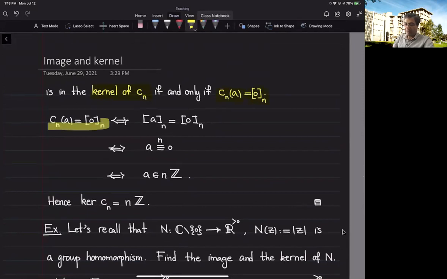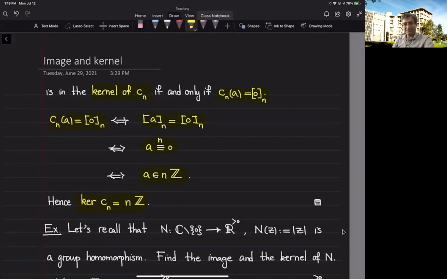Now, C sub n of a is the residue class of 0 if and only if the residue class of a is the residue class of 0, and that is the case when a and 0 are congruent modulo n. That means a is a multiple of n, and vice versa, an integer multiple of n. So altogether we deduce that the kernel of the residue map modulo n is nothing but integer multiples of n.